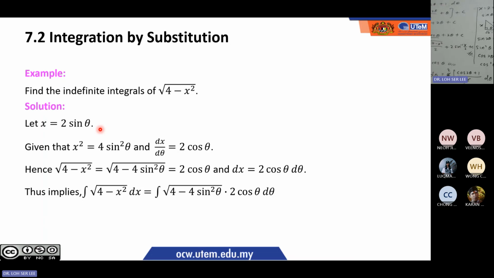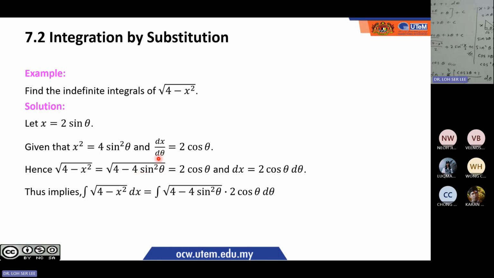Then we square the x because we want to substitute this x squared. So we get x squared equals 4 sine squared theta. Then we can substitute this x squared by this, then we get this.